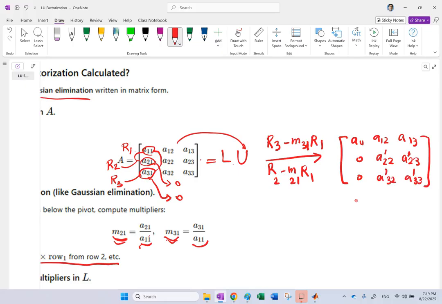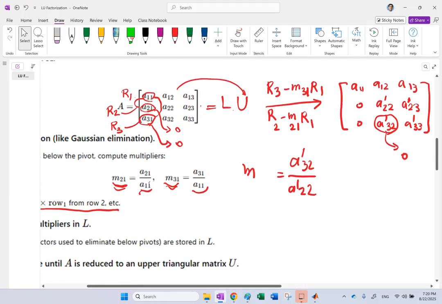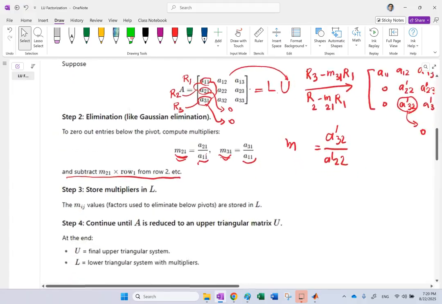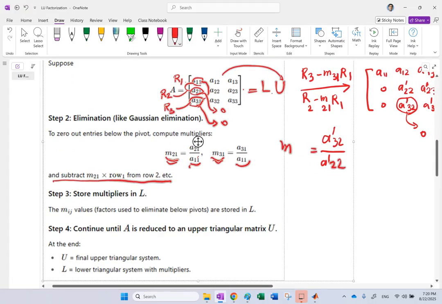Now that I have these, to get rid of this last number and convert it to 0 so I get a fully upper triangular matrix, I need to find the ratio of this A prime 32 to that A prime 22, and I can call it, as you can see here, M32 right here.